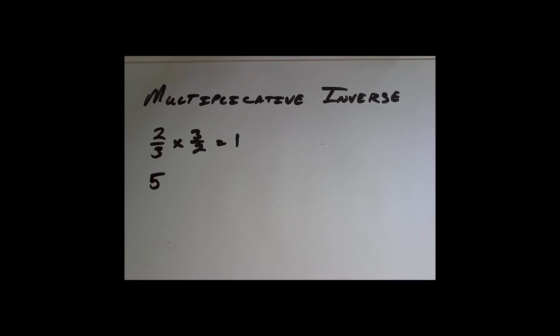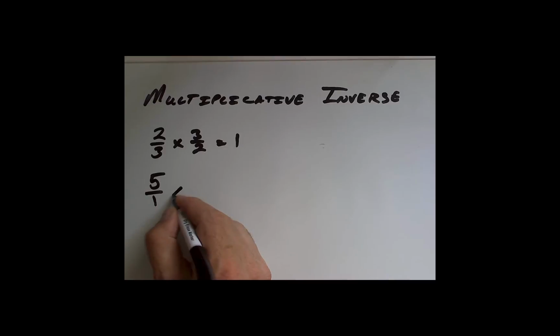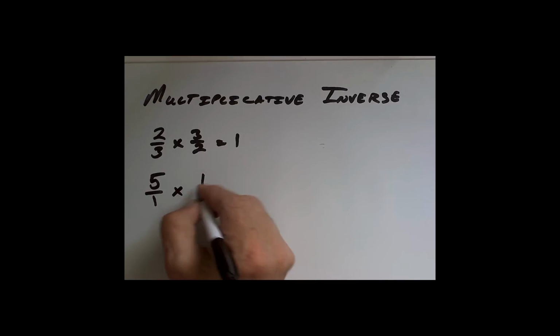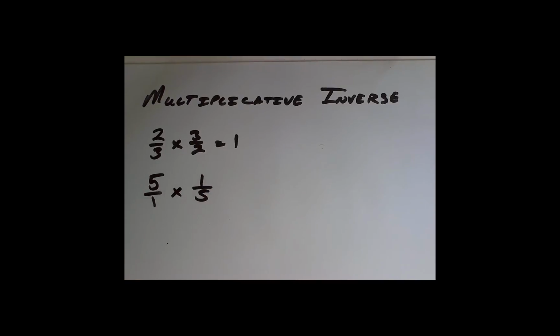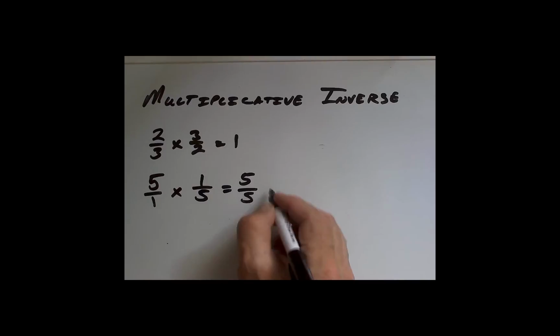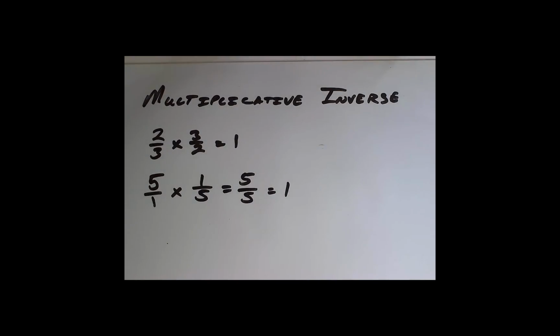Well, remember that 5 can also be written as 5/1. So if we did the same as in the inverse property of multiplication, where we switch the numerator and the denominator around, we can multiply this by 1/5. That way, if we multiply it, 5 times 1 is 5, and 1 times 5 is 5, and this equals 1, so it would be a multiplicative inverse.